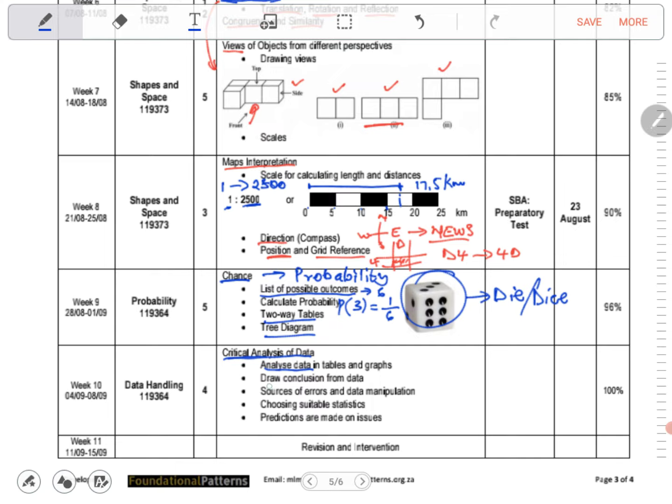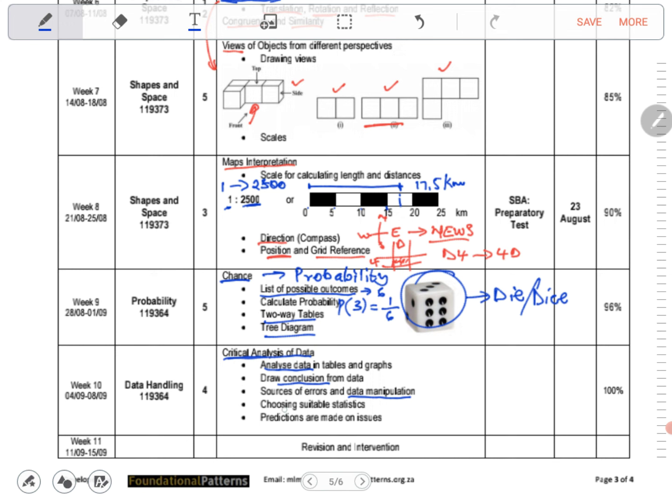We have to draw conclusions or make decisions based on the data that we have received, and then we must question the sources of data, because some data have errors and it might also have data that is manipulated to give us a certain picture, which is not necessarily true.